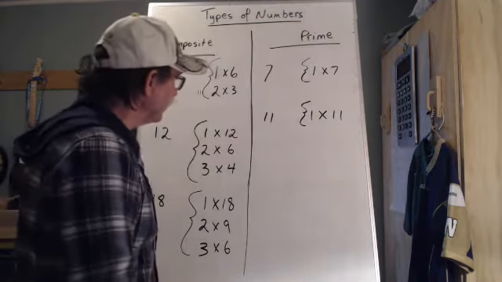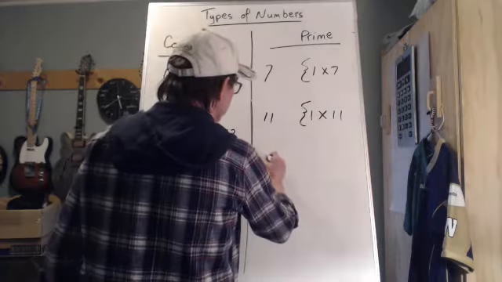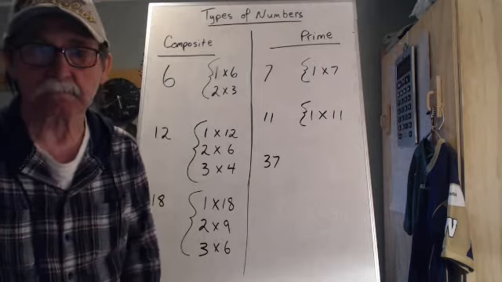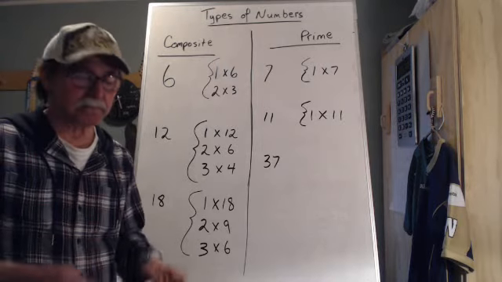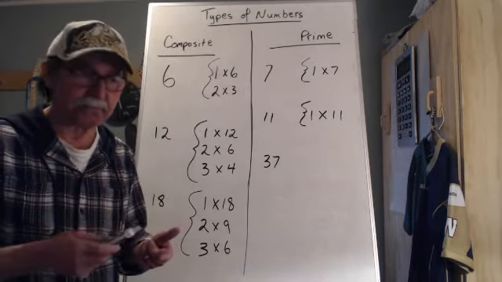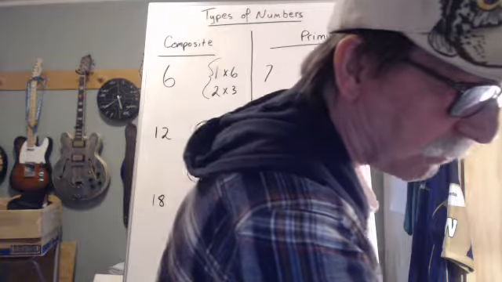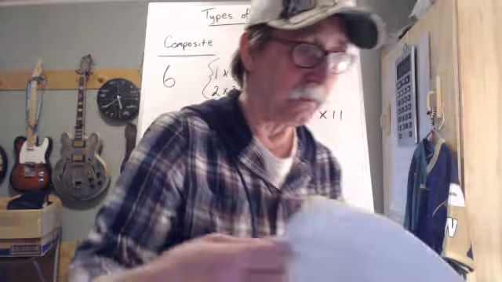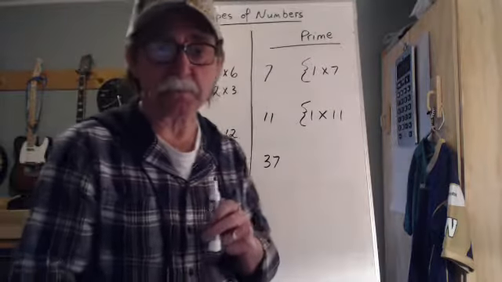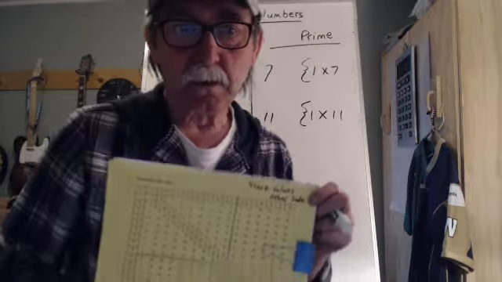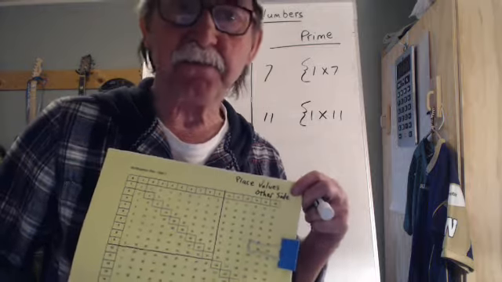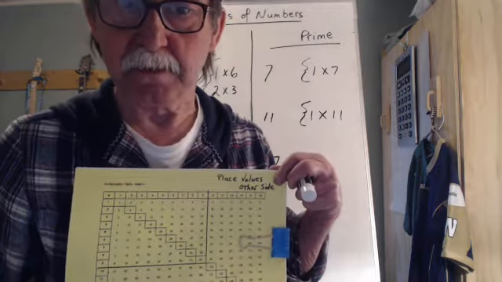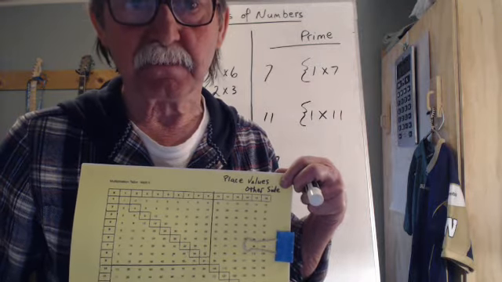And I'll give you another one. 37. Can we do anything with the 37? In fact, if you were to go over to your multiplication table, do you think you could find a 37 for me on there? Whoops, there we are. There's no 37.